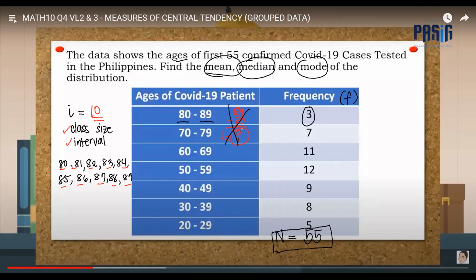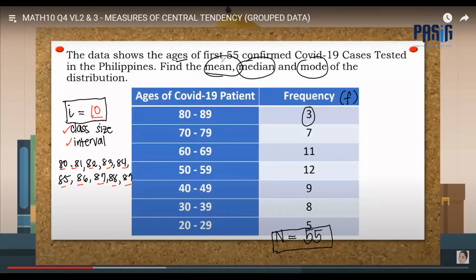Kasi kapag ganyan po yung ginawa ninyo, nag-subtract kayo, magkukulang ng isa yung inyong interval. As you can see dito, ang lumabas 9 yung interval, pero ang totoo, 10 talaga. Bakit ganon? Kasi kapag nag-subtract ka, hindi mo sinasama si 80. Ganon yung nangyayari. Okay? So kapag magbibilang kayo, it's better to count for the interval.